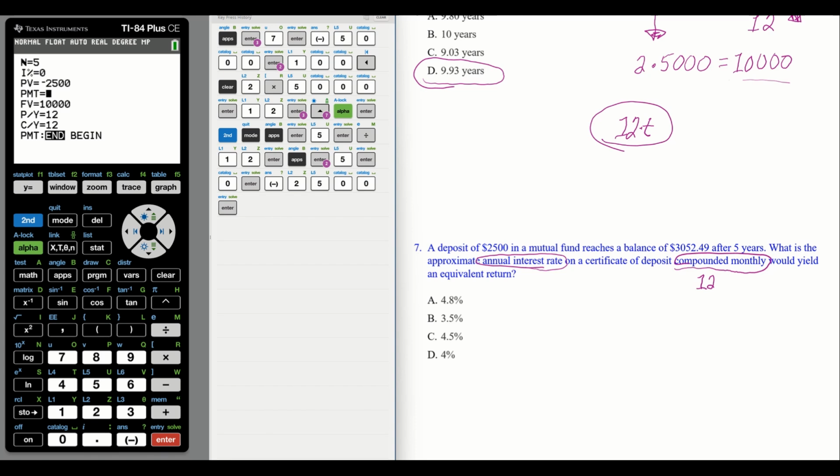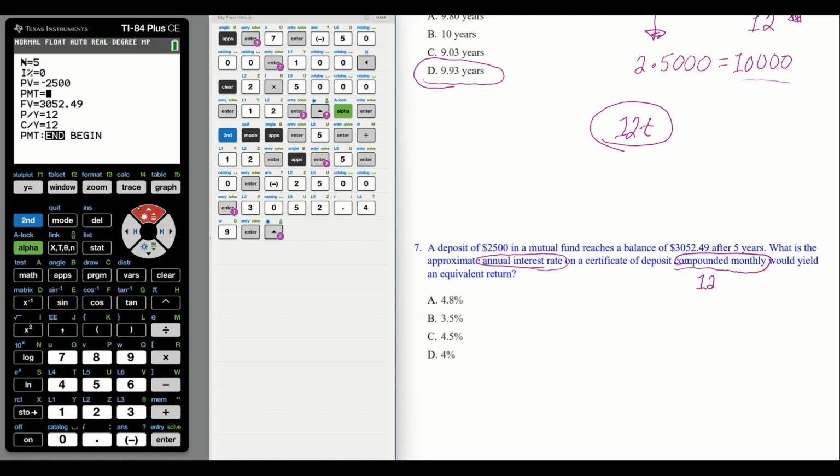That is our present value. Remember that PMT is 0 because there's no discussion of payments during the years. Now future value, let's put that in. $3,052.49. There we go, and enter. We can leave our 12 in, and we can leave our end highlighted because it says after the 5 years.